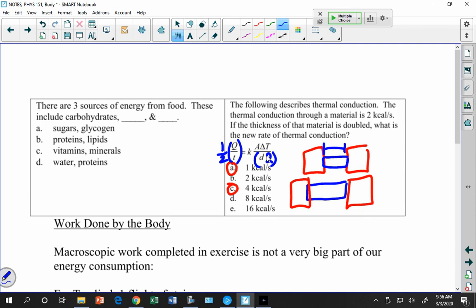You'll see questions like that where I ask you about what happens if I do something to the thickness or the length. I'll call it the length. I know thickness isn't really a very good word, but the length of the material, the cross-sectional area, or the change in temperature, the difference in temperature between these two materials, and then also the rate of thermal conductivity. So think about how changing those variables will change the rate of the thermal conduction.